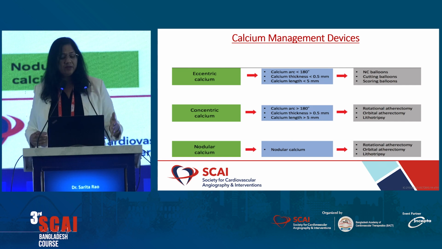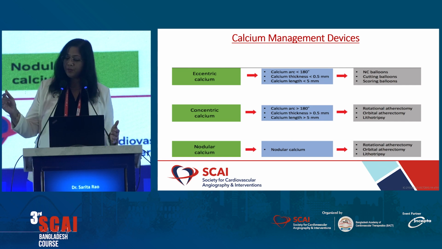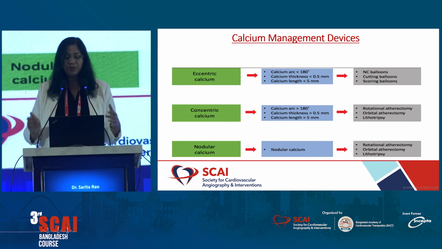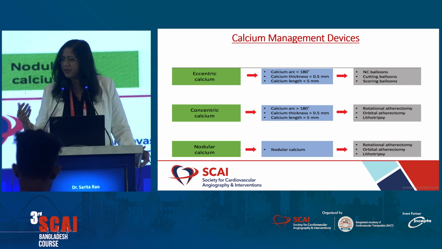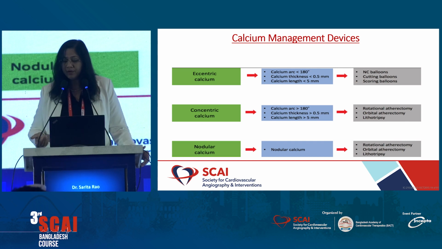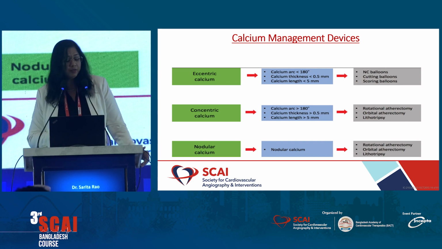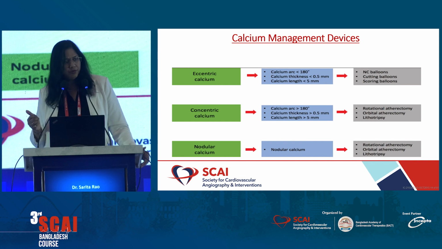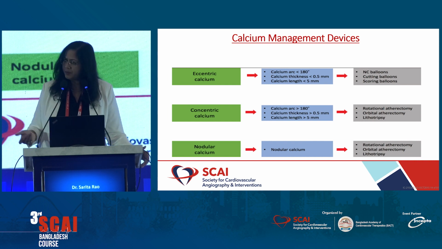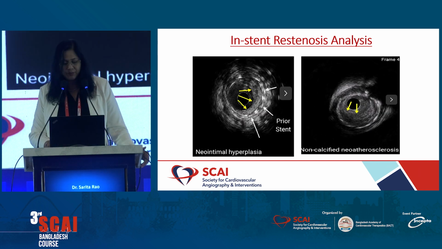Your arc is less than 180, your thickness is less than 0.5, and your length is less than 5. So you would think that maybe I can get away with just an NC balloon, or a cutting or scoring balloon. And if you saw concentric calcium, or nodules of calcium, you knew up front that you would need a rotational or an orbital atherectomy, and maybe sometimes even shockwave lithotripsy.